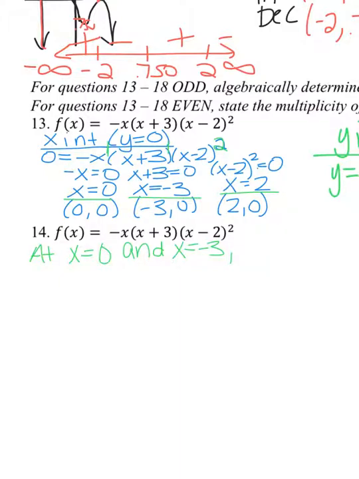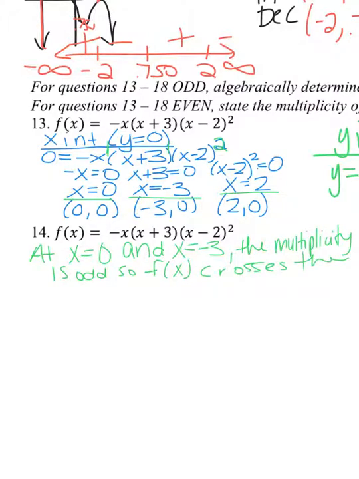So at x equals 0 and x equals -3, the multiplicity is odd. So f of x is going to cross, so crosses the x-axis. And then you have to say where again, at x equals 0 and x equals -3.